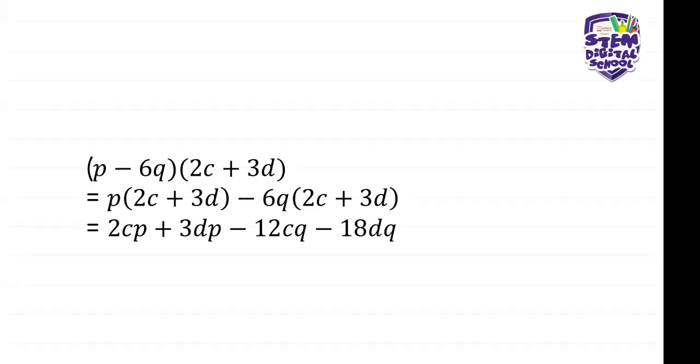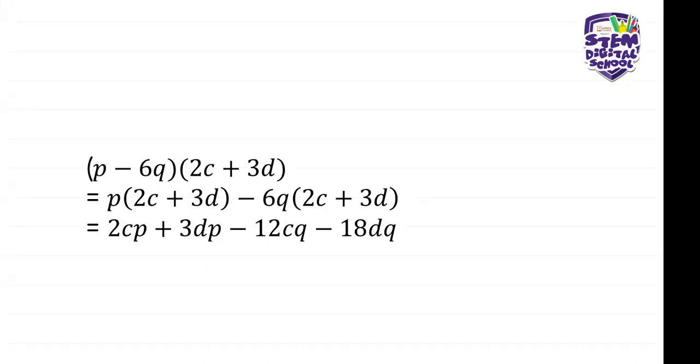And then thereafter, you multiply the last term there, so it will be negative 6Q times 3D. I'm sure you can see that. Remember, 3D is positive, and then we have negative 6Q. So as always, you start with the numbers. Negative 6 times 3, which is positive, then you'll have negative 18.